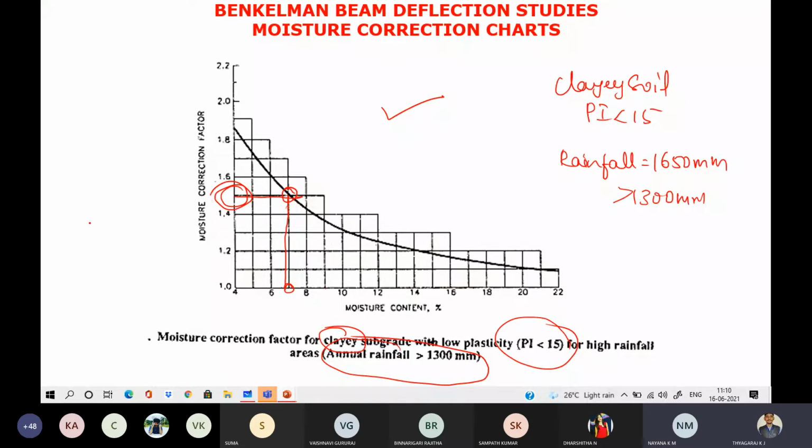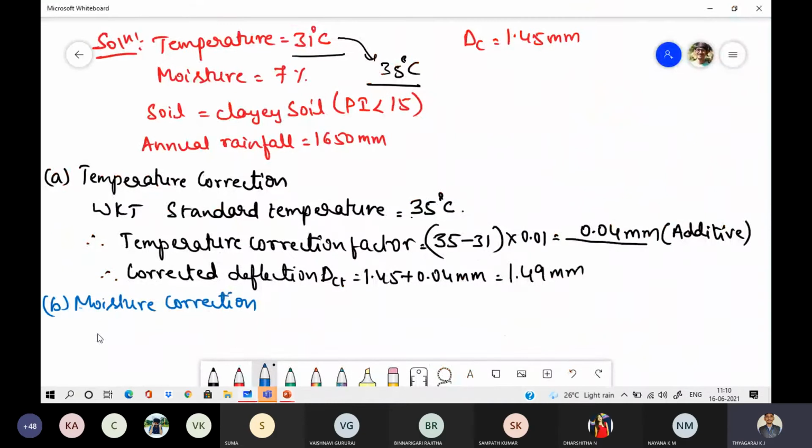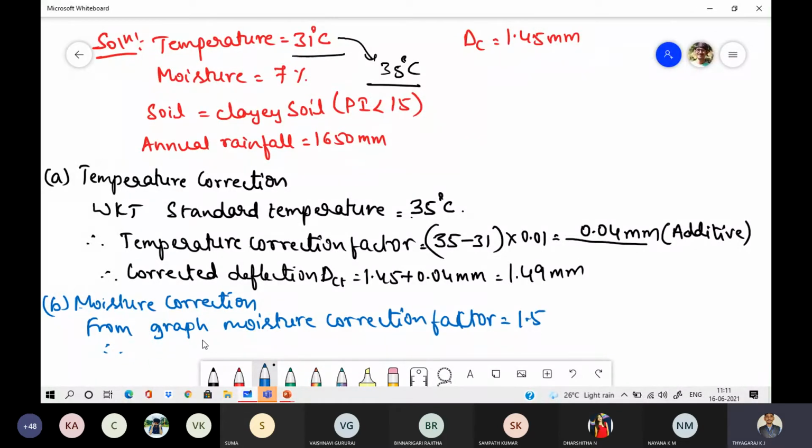Moisture correction factor, MCF, we can call it 1.5. Understood how to take this moisture correction factor? Yes, sir. Now come here. From the graph, moisture correction factor is equal to 1.5.